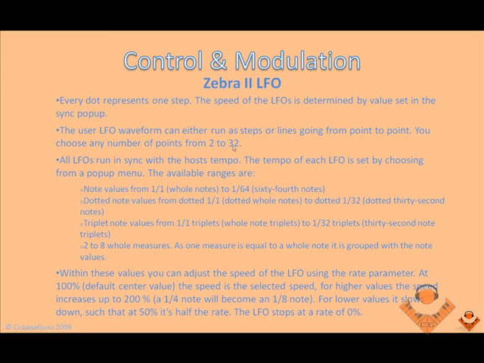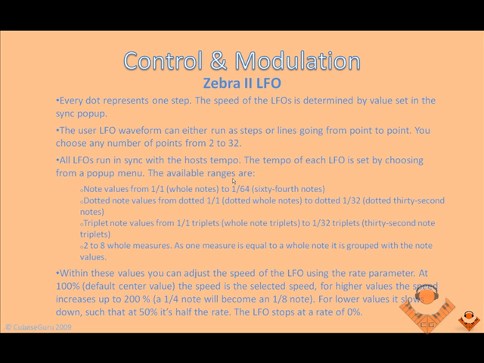As I said, it can have from 2 to 32 points, and it can run in steps or lines, which I showed you there. The LFO runs in sync with the host tempo, which is excellent for making rhythmic grooves, stuff like that. The tempo of each LFO is set by choosing from a pop-up menu.